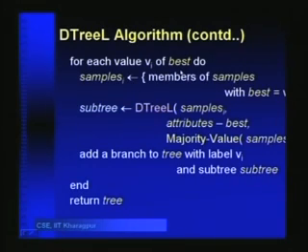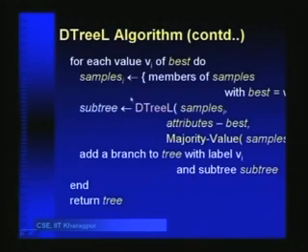For each of those options we split the sample sets into the options that fit into that. Suppose I have none, some and full as the values of Patrons. Those examples which have none will be pushed into the none set, those which have some will be pushed into the some set, and those which are full will be pushed into the full set. So, these are the sample sets.